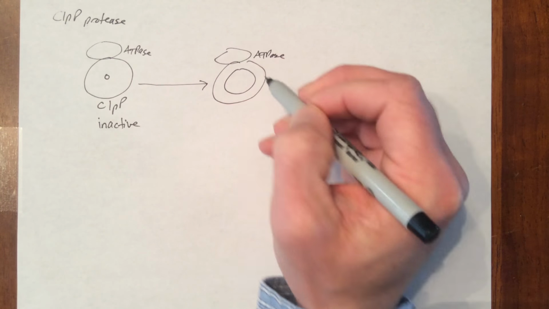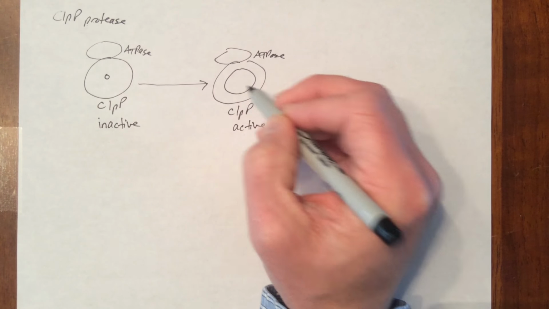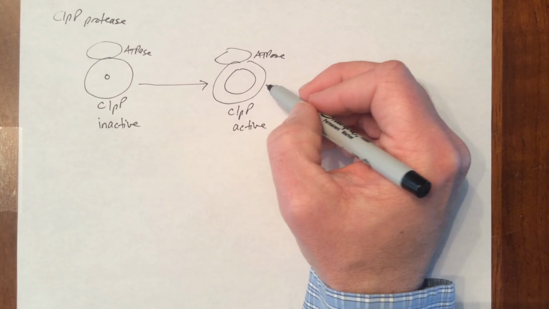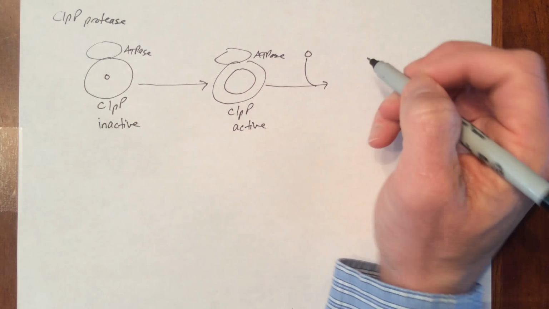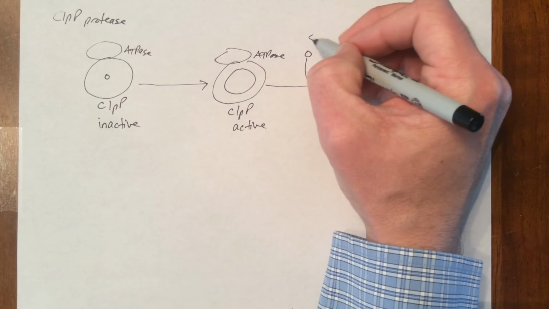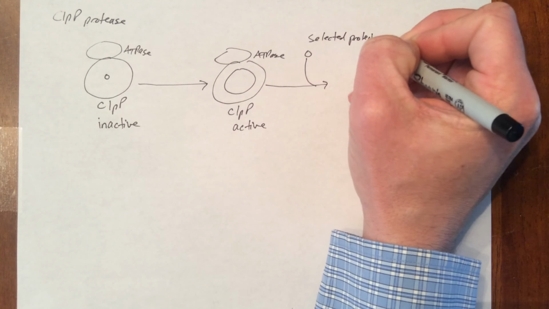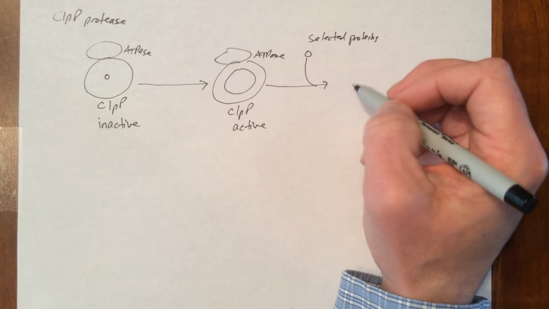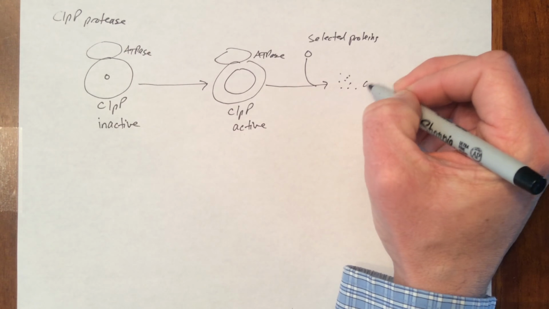I'm just going to show the CLP protease active with a larger hole in the middle, because now it's able to accept certain proteins, which I'm just going to call selected proteins. It can bind these when it becomes activated and degrade them into amino acids.